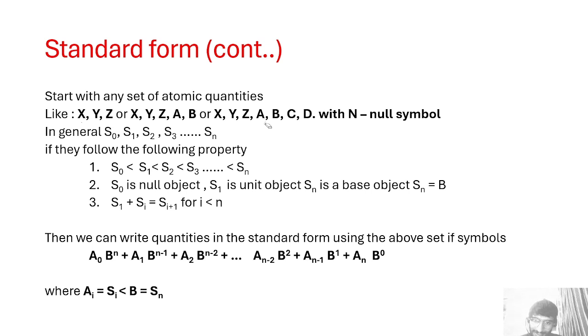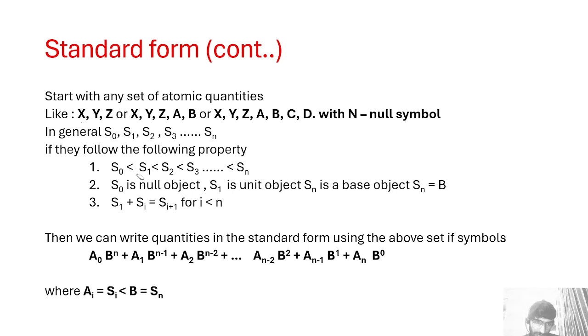In a similar way, x, y, z, a, b, c, d, and so on. Each system that you're defining should have a null symbol, right? So in general, if you have n plus 1 symbols from S0 to Sn, they should follow the following properties.